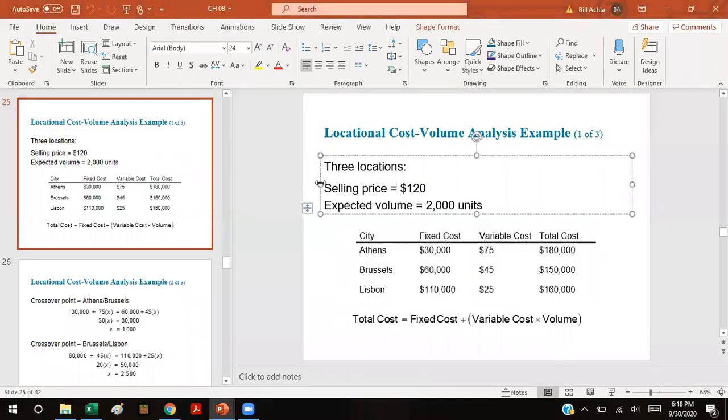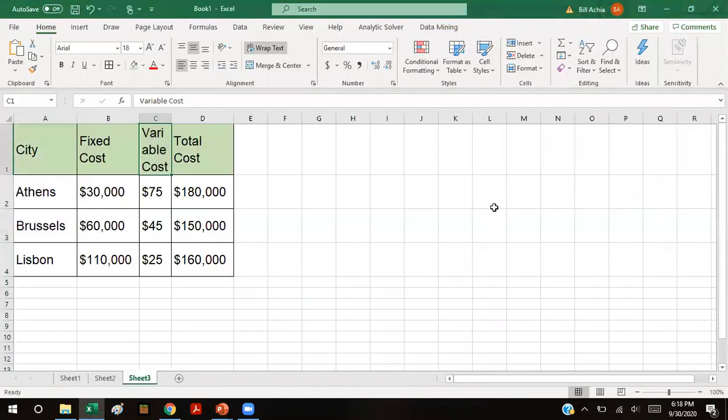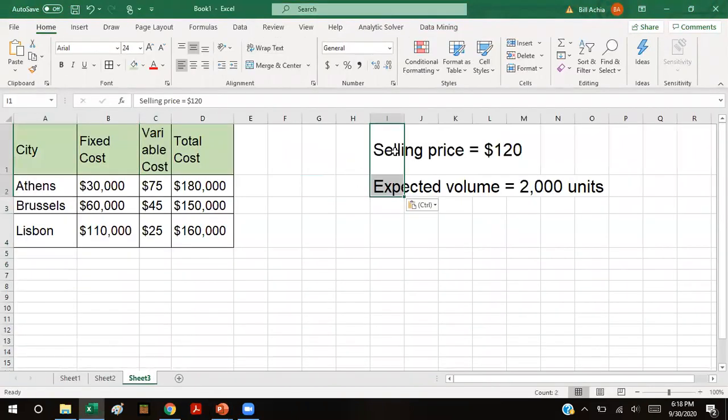And we've also been given information about selling prices and expected volume of product once we start selling product, okay? So the break-even analysis approach tries to look at that point where our total revenue coming in just exactly equals the amount of total cost that we've incurred, right?